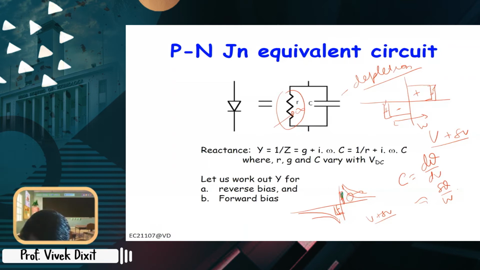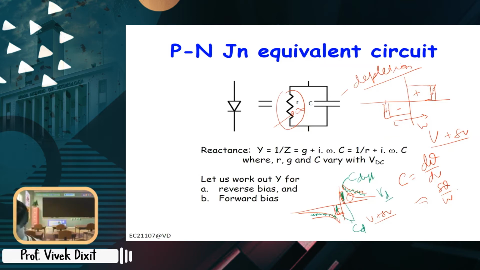So this change in depletion charge gives a depletion capacitance CD, and the carrier charge creates another capacitance called diffusion capacitance. This is due to the diffused carriers. And of course you have RD here for forward bias.